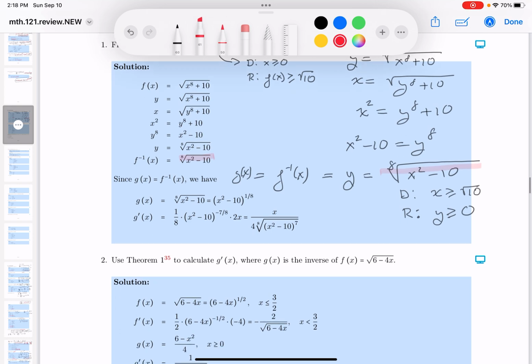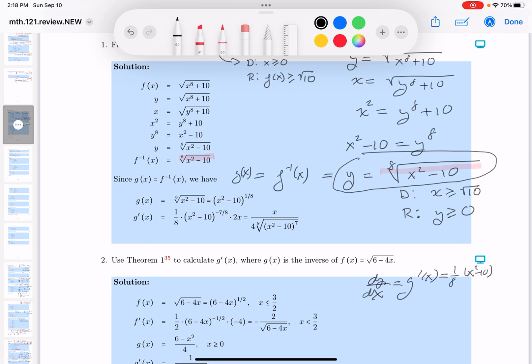And that shouldn't be too bad to do. Let me write that down for you. So I'm taking the derivative of this with respect to x. So dy/dx, you could also call it g prime if you want, with the understanding that g prime means the derivative with respect to x. And that's going to be, let's see, 1/8 comes down. x squared minus 10.